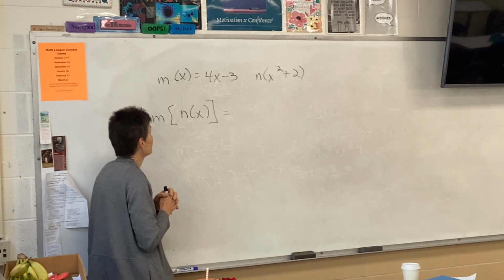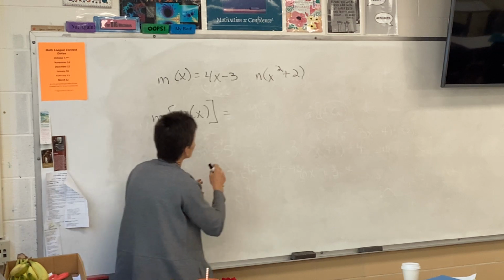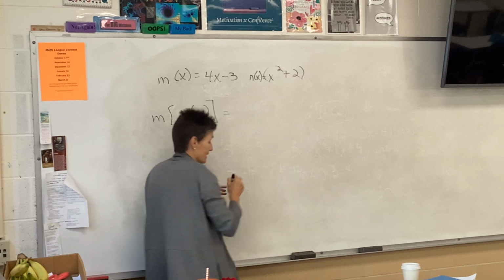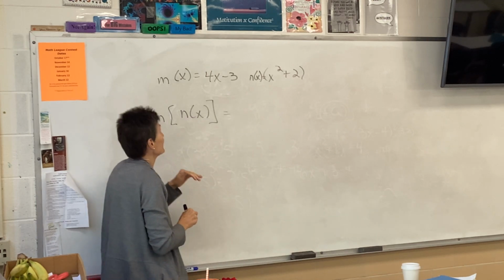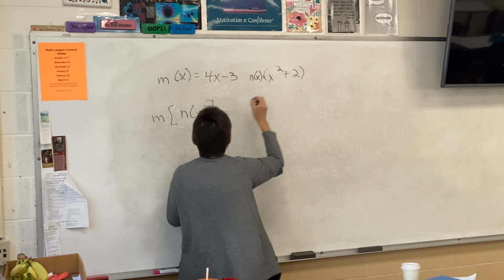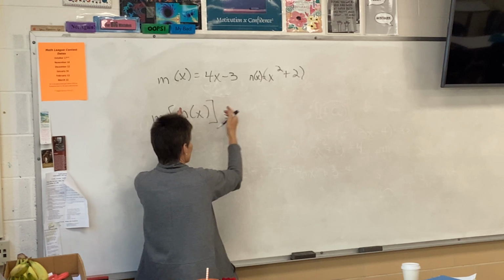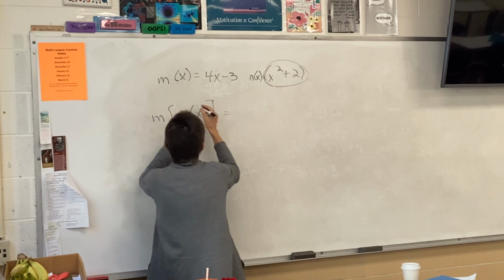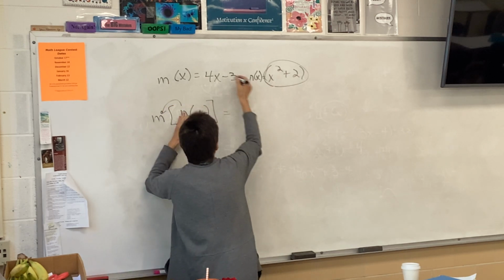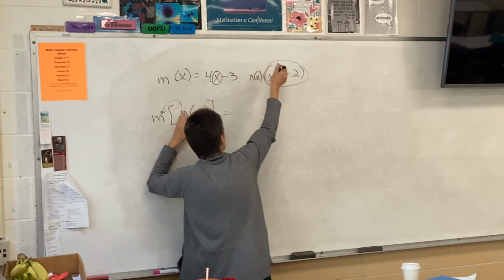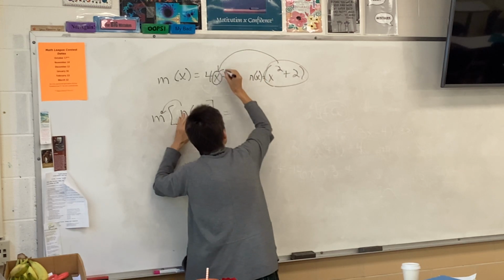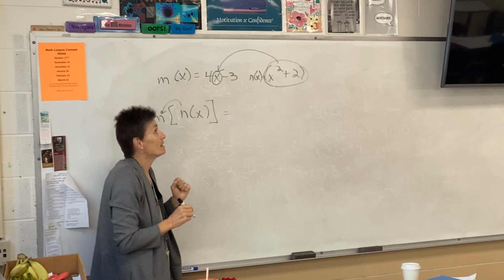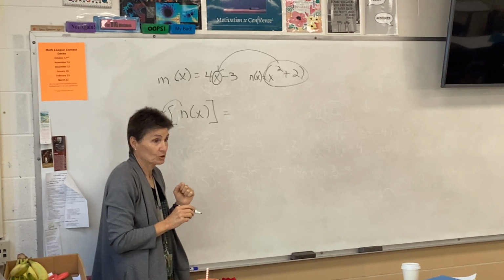You put the N of x into the x for the M of x, inside the parentheses. Exactly. So we're going to take the N function, which is right here, and plug it into M. This N function is going in place of the x in the M function.